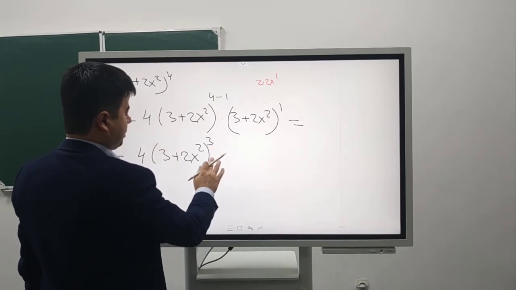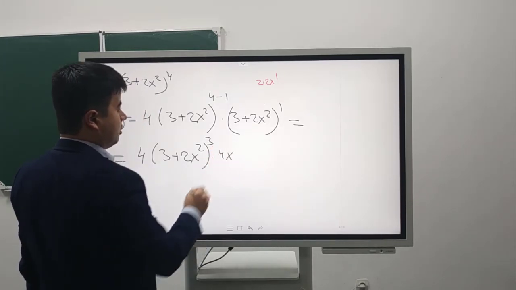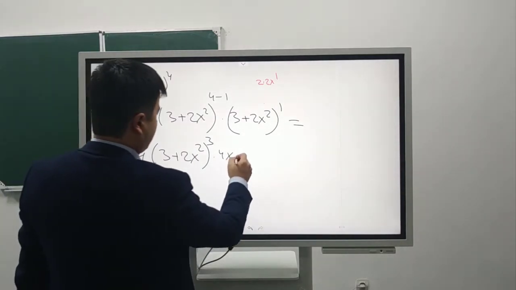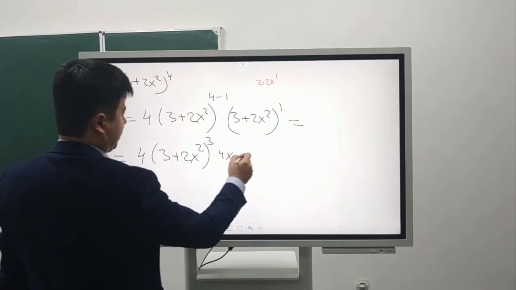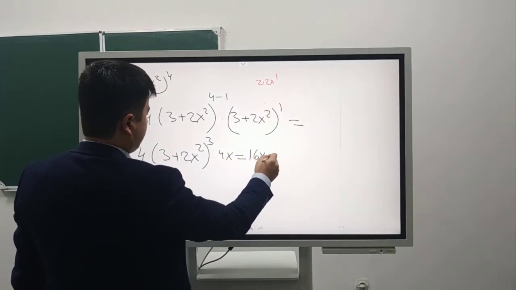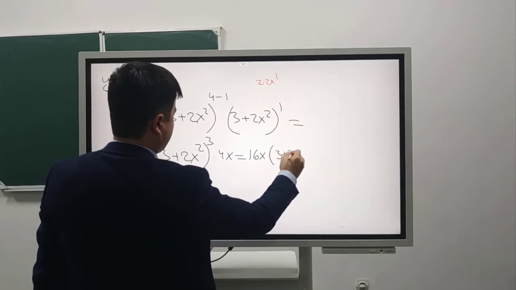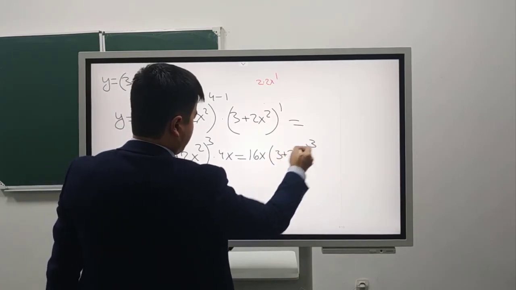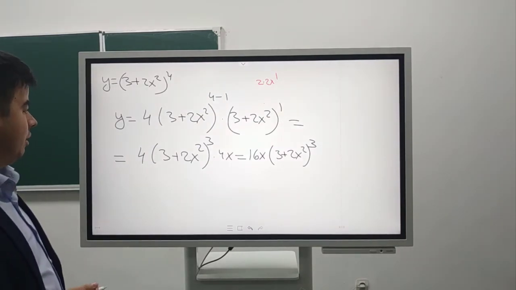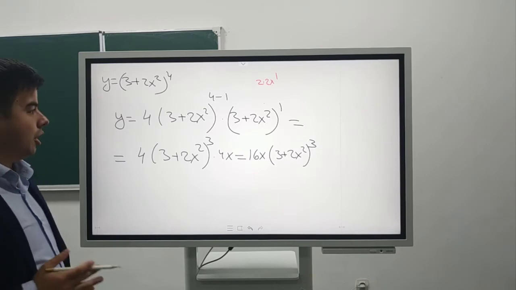This is the derivative of the given function. We can simplify. It's 16x times 3 plus 2x squared, cubed. Okay, this is for composite functions.